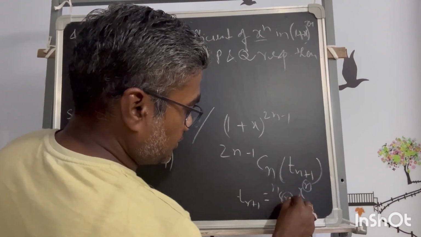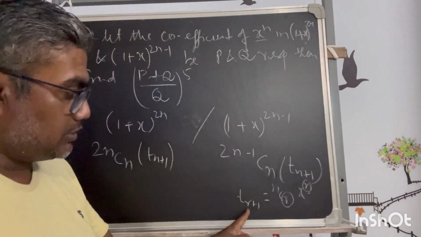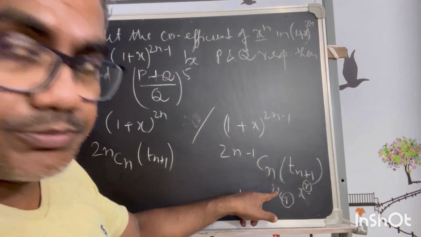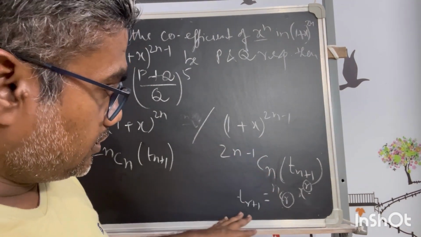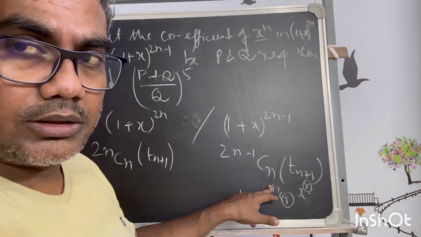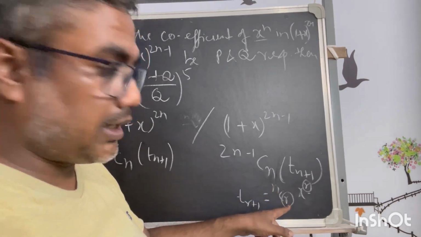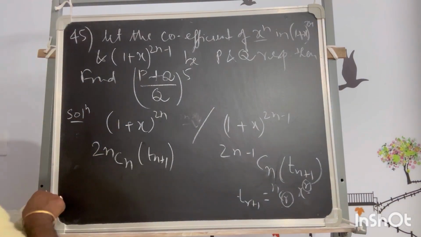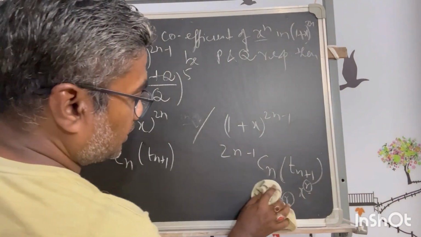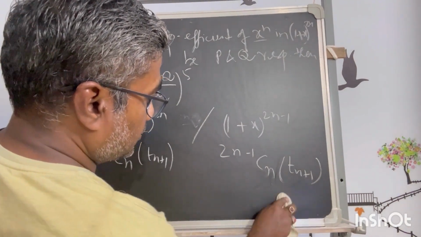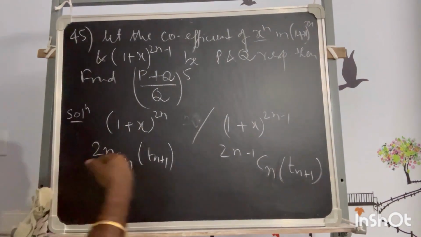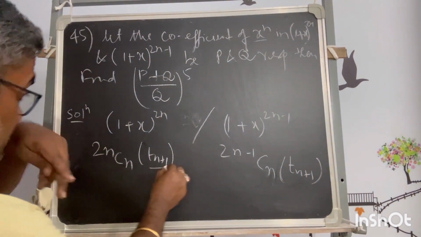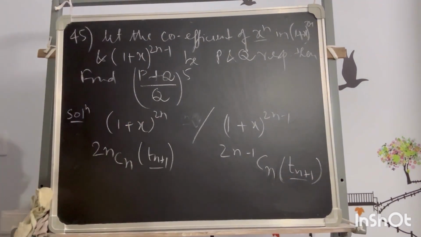This power and this will match. So this does not depend on the highest power of this. This may be anything. Accordingly, it will come there. But this will not affect the rth term, because the rth term is a generic term that depends on what we take there as r plus 1 or r plus 2. Accordingly, it will change there. So in both the cases, the term is n plus 1.